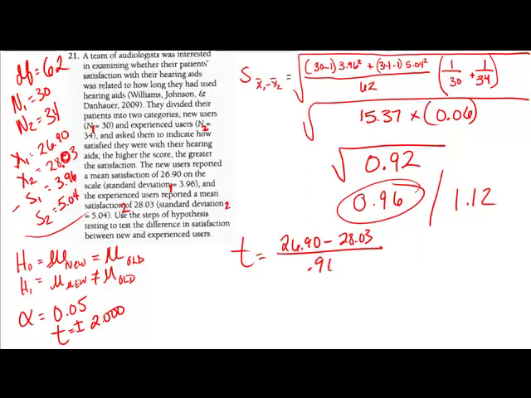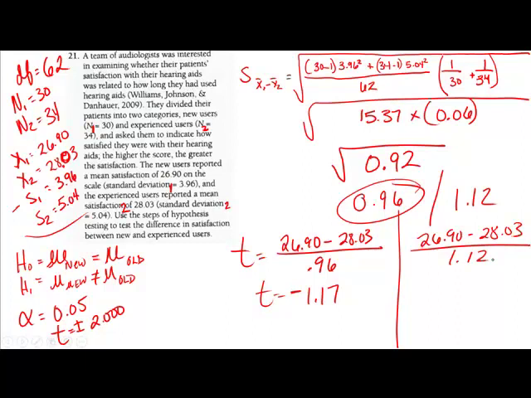I got 0.96, so let's do this on the calculator. T equals 1.17. Let's see if I use the book's value. Let's see if we have a lesson in rounding difficulties.